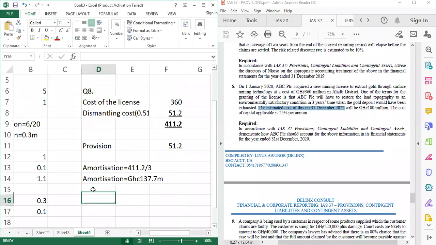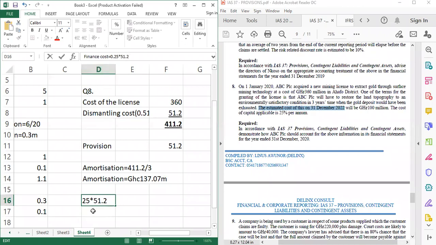But what happened? At the end of the year, our provision has to increase by 25%. So we calculate finance cost on the provision. Our provision has to increase by the cost of capital. We use it to multiply the provision. So 0.25 times the provision that we made. The provision was 51.2.